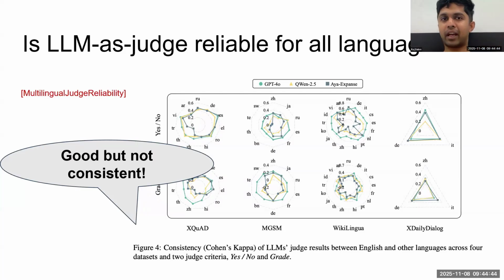So you have to be very careful and make sure that your LLMs as judges are really consistent across different languages. If two equally good responses have different scores, then during the RL step, if some cross-lingual transfer is to take place, these might conflict with each other, and that might not really help the final model.